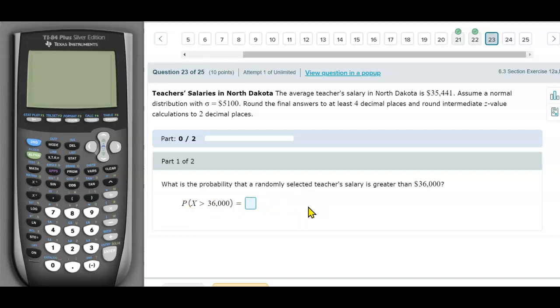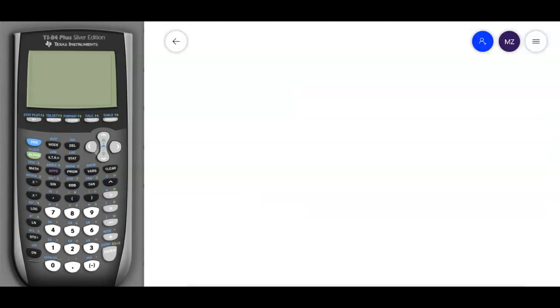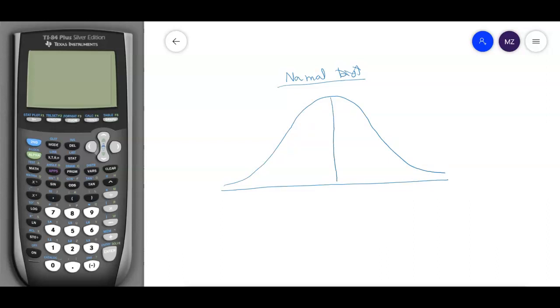I think a graph will definitely help us understand the problem. One of the keywords is saying it's a normal distribution. So this is the distribution we are working on, and a normal distribution is a bell shape. You're going to have the middle where the mean is. They told you the mean is 35,441.